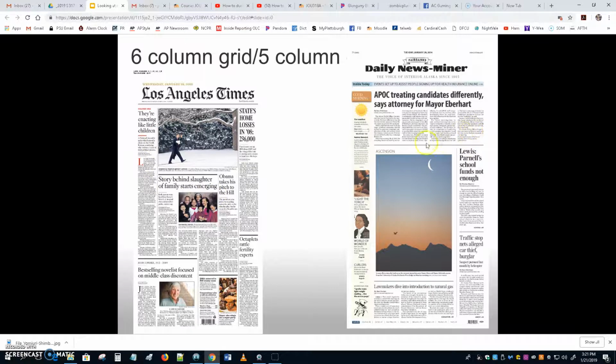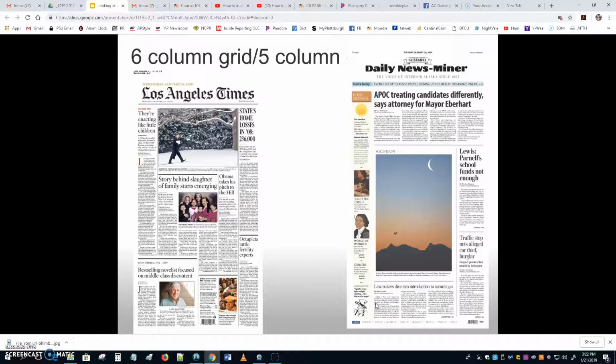Or is it broken up more in 1, 2, 3, 4, 5 columns, as this Daily News Miner from Fairbanks is? The underlying grid that the papers are built on usually comes through when we look at the papers; you can see how they're structured.